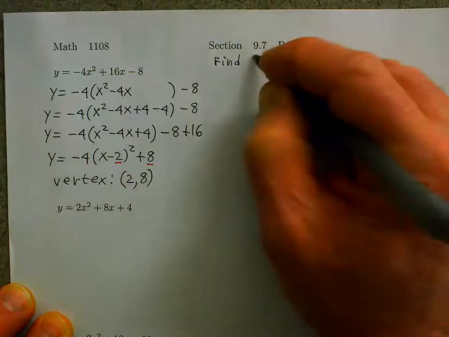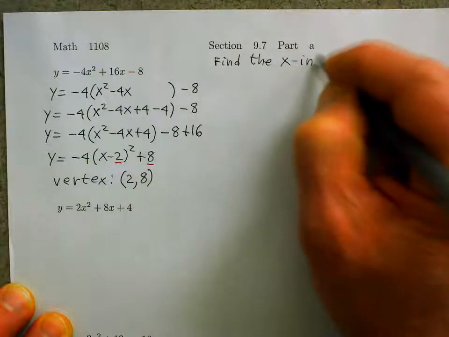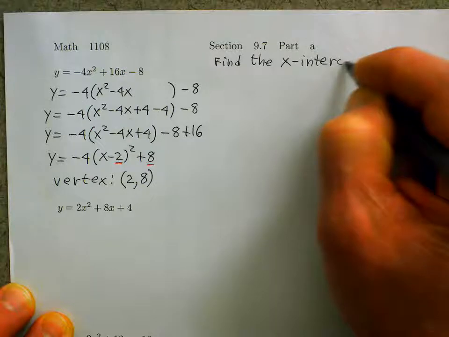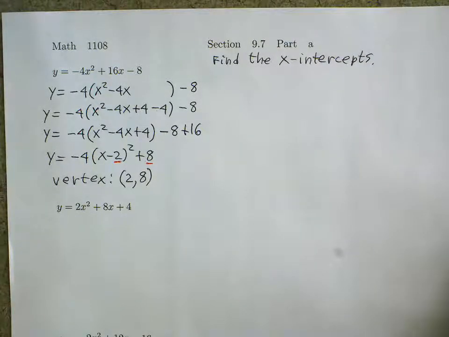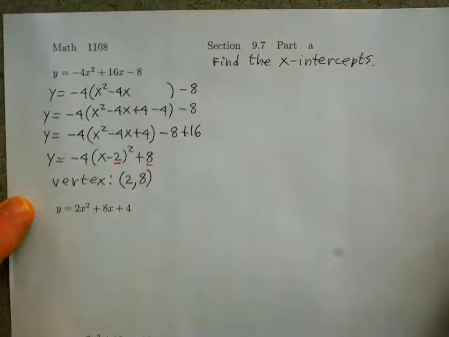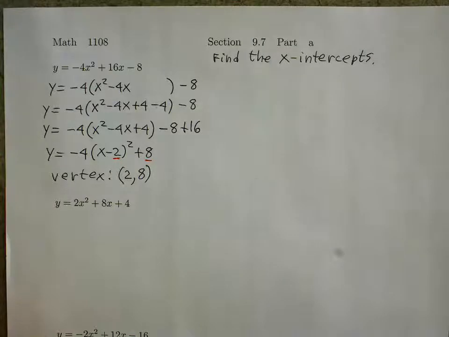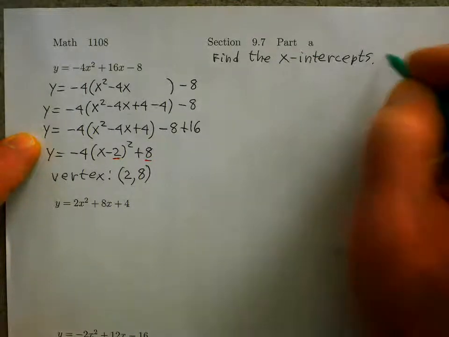So one way to find the x-intercepts is replace y with 0 and then solve for x. So replace y with 0.